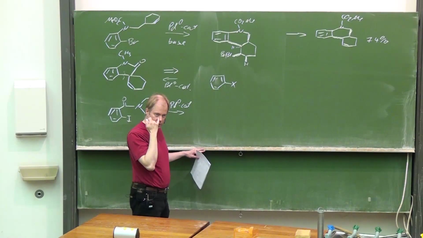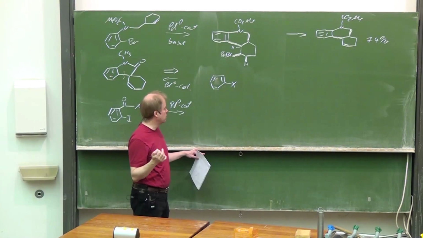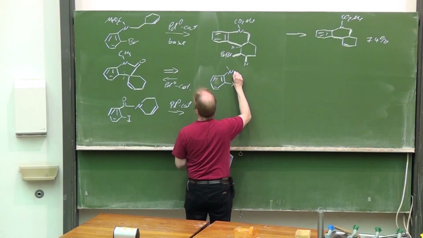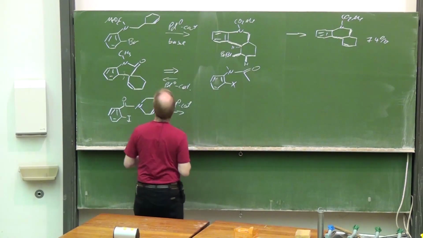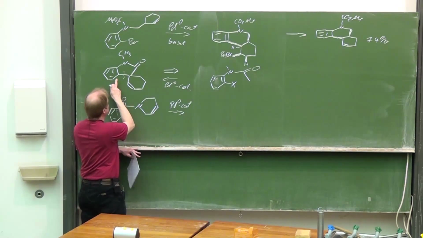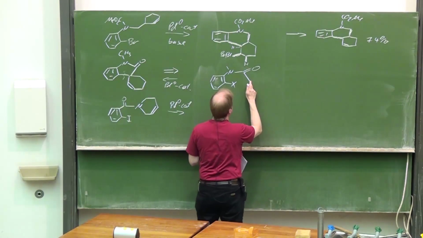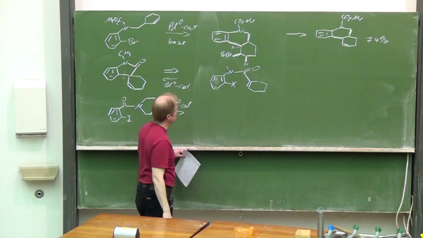Best is iodide or bromides, but chlorides can also undergo a Heck type reaction. So, and we have to connect this carbon with the alpha carbon at the carbonyl group, and therefore here the double bond has to be located.